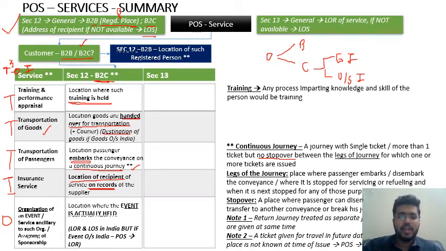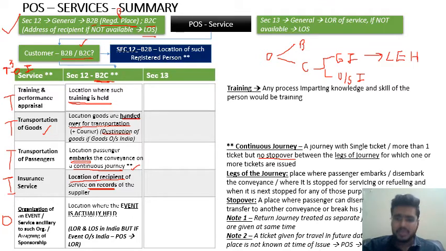You need to identify this particular information to know the place of supply, right? So if the event is happening in India, then the place of supply will be the location where the event is held.